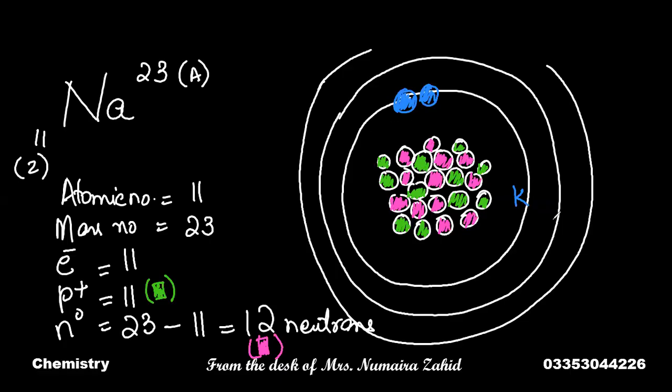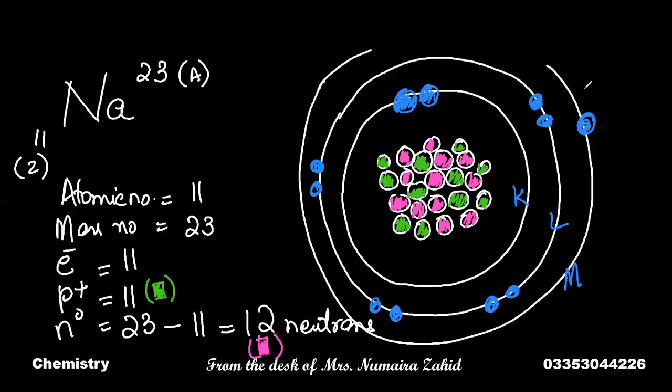The next shell is the L shell, which can accommodate a maximum of 8 electrons. So 8 electrons occupy the L shell. Now the third shell: K and L together hold 10 electrons, and the 1 remaining electron is present in the M shell.